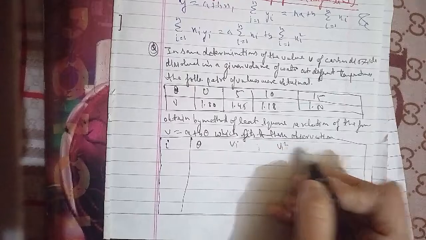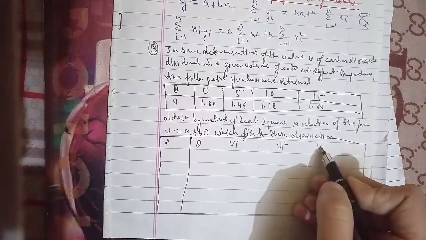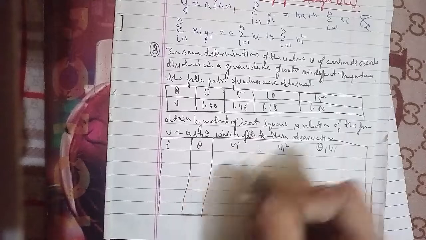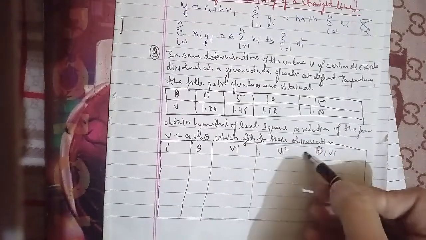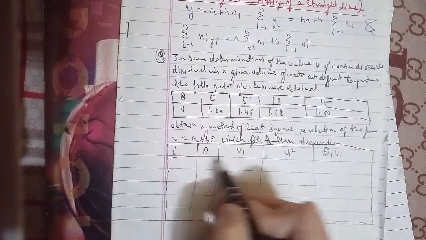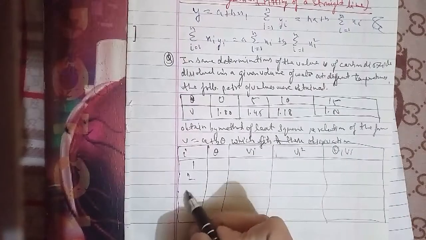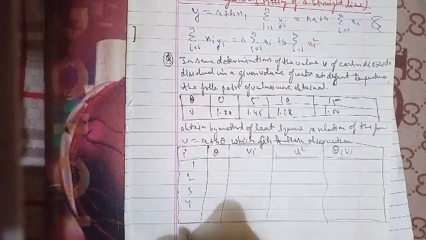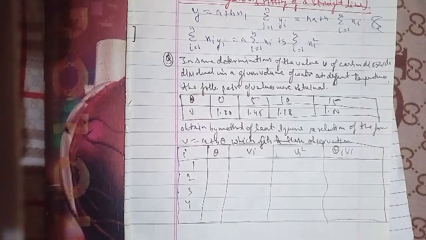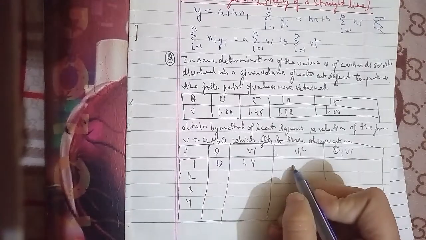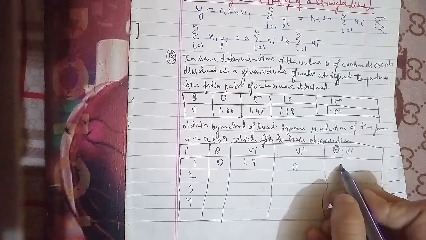For the first row: theta 0, V 1.8, theta square 0, then 0. Then 5, 1.45, 25, 7.25. Then 10, 1.18, 100, 11.8. Then 15, 1, 225, 15.